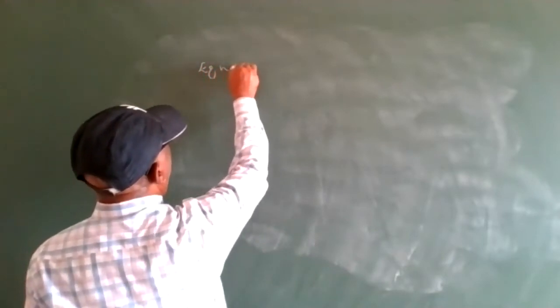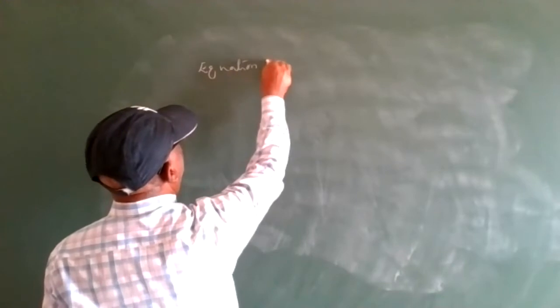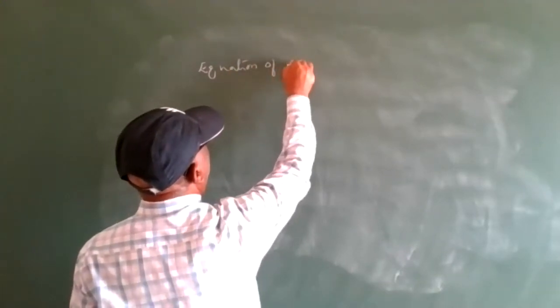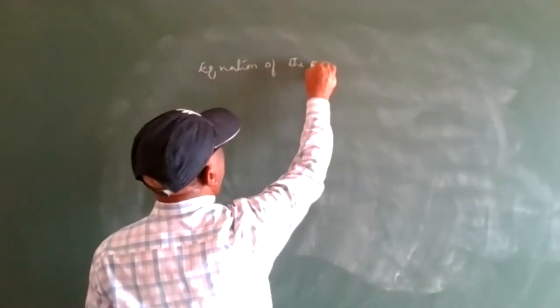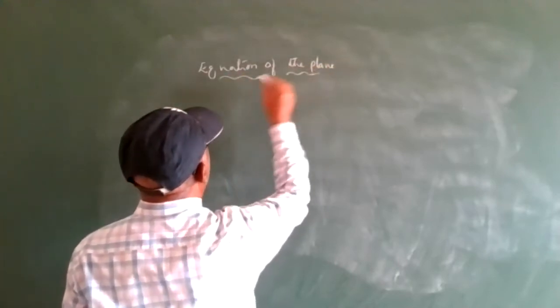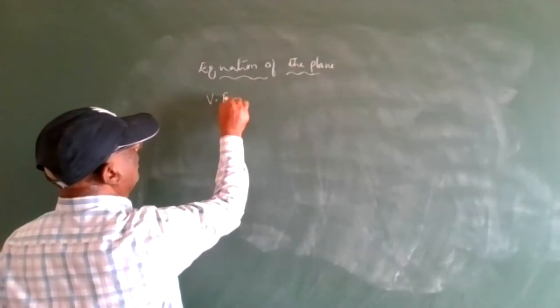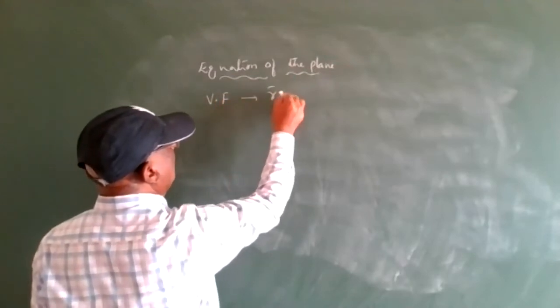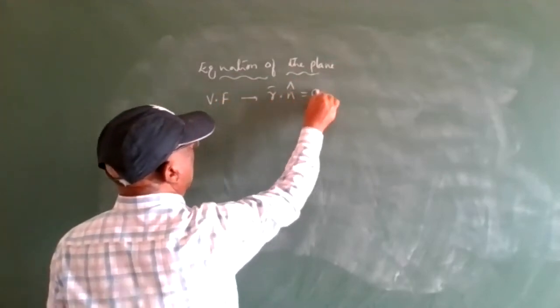Equation of the plane. The vector form is r bar dot n cap is equal to 0.